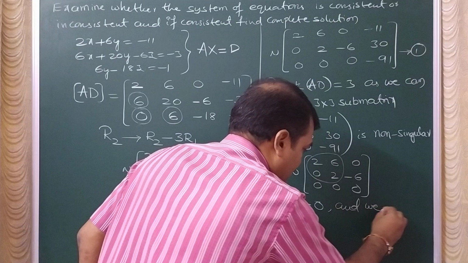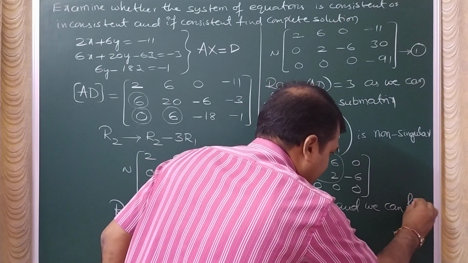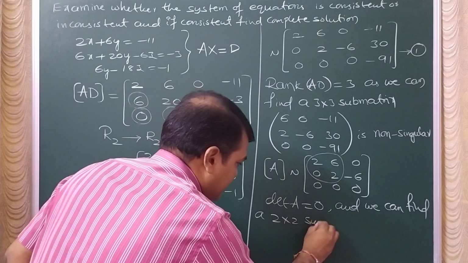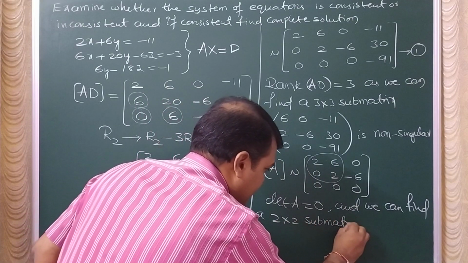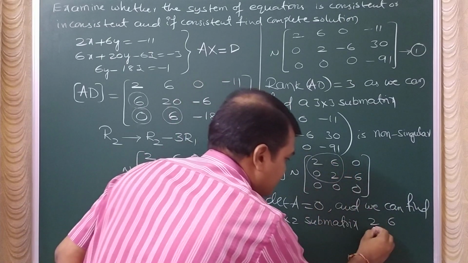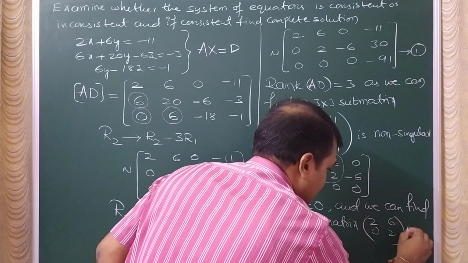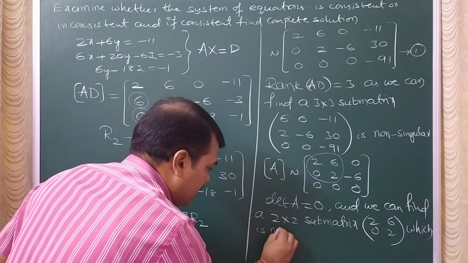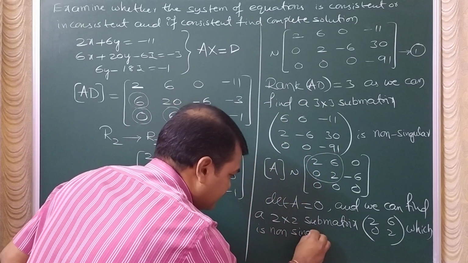And we can find a 2 by 2 submatrix. I am taking 2, 6, 0, 2, which is non-singular.